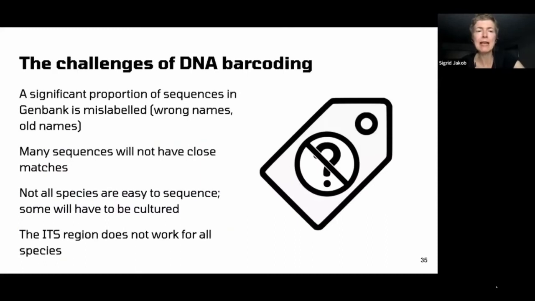One of the things I will say is, when you are looking at all the sequences that you find, a really important thing is to look at who posted the sequence. Is it a trustworthy source? Is it a famous name? If I'm looking for Inocybe-based sequences, I want to see the name Brandon Matheny. If I'm looking for waxcap sequences, I want to see the name Jean Lodge or somebody else who's really good with that genus, and so on.